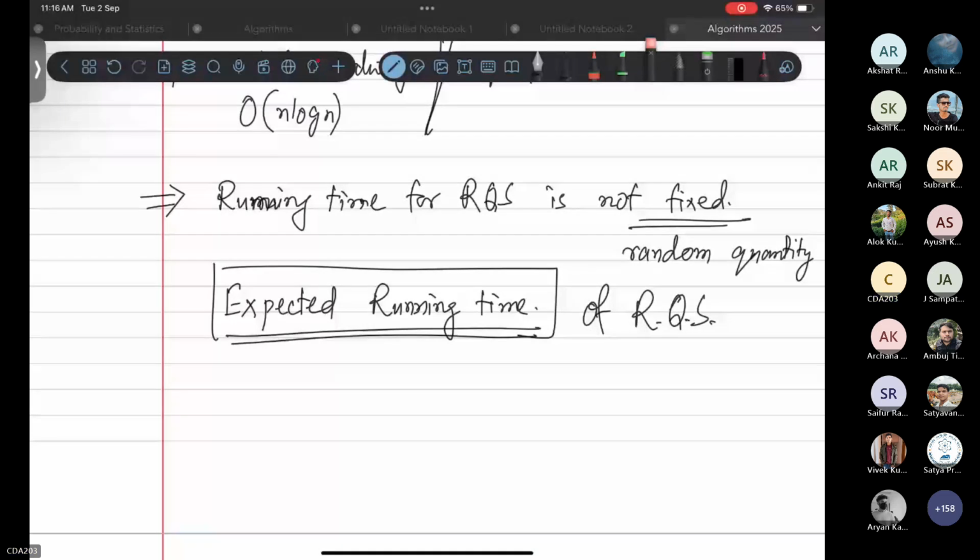The answer is the same for everyone, a sorted array, but the time taken to get there is a variable quantity, something random. Since this is a random quantity, I'm going to compute the expected runtime.